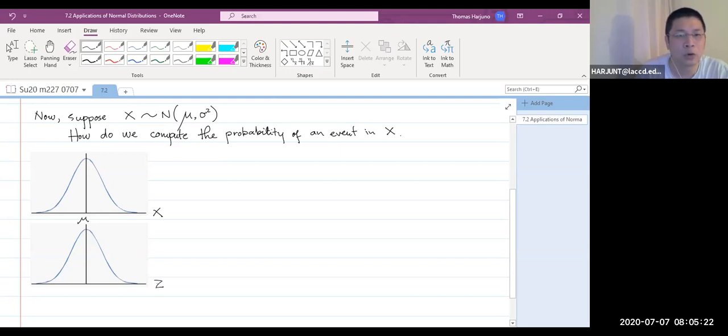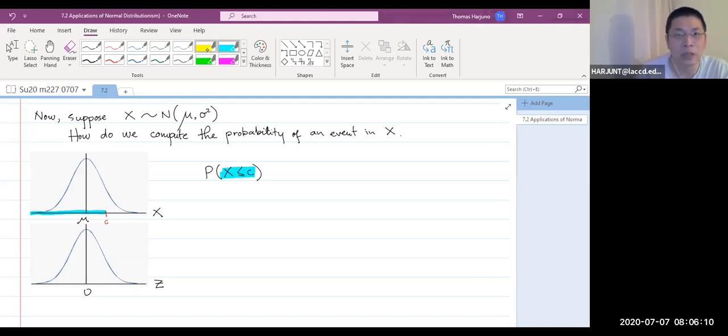And let's say this is the standard normal distribution, the mean is 0. Now, let's say the value we want is this C, and we want to find the area to the left of that C. So the question is the probability that X is less than or equal to C. That's the blue part here.